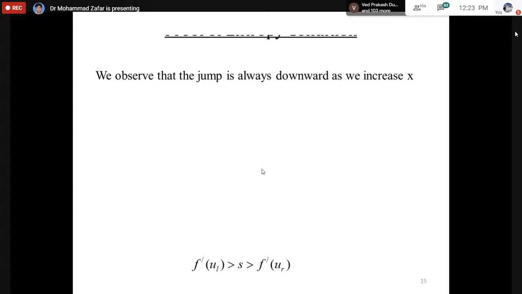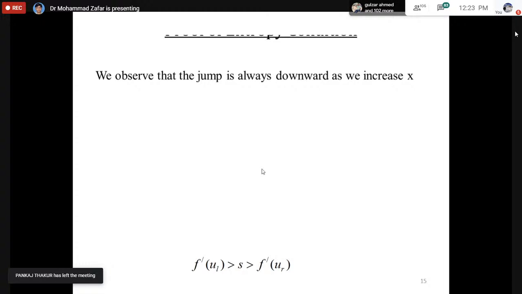Correct? Now from the mean value theorem of differential calculus, this ratio can be written as f prime of xi, where xi is in between ul and ur. Now since the function f(u) is a convex function, this means f double prime of u is greater than 0.